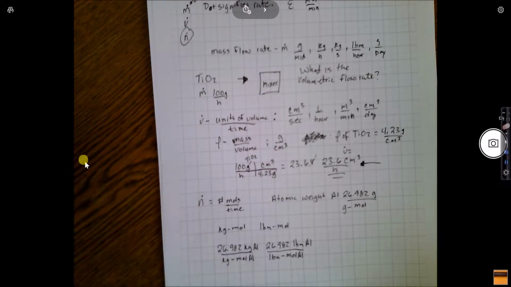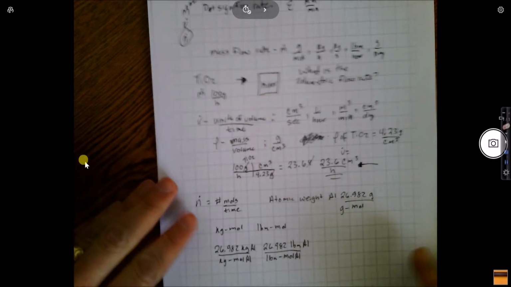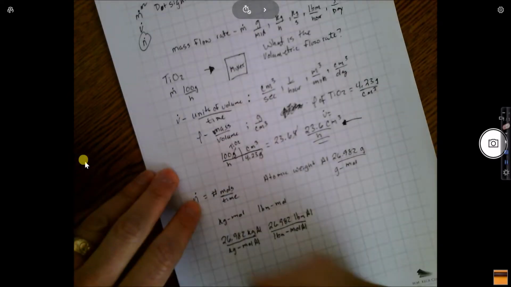So I know what people are thinking. They're thinking, well, what about unit conversions? How can we have the same number assigned to a gram mole, a kilogram mole, and a pound mass mole? Well, atomic weight, molecular weight comes in, and the unit conversion comes in when we're actually doing calculations, okay? So let's make up a quick calculation just so you can have an example.